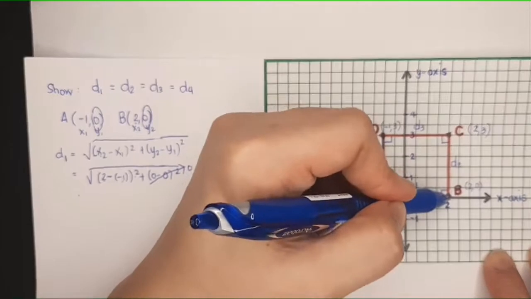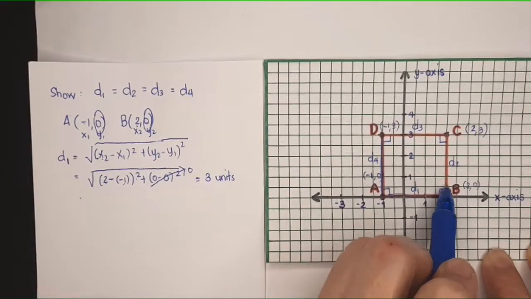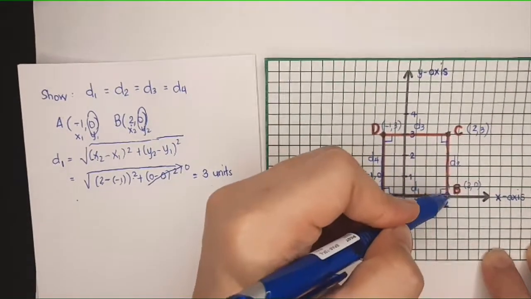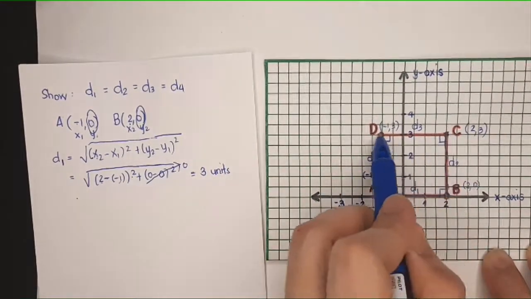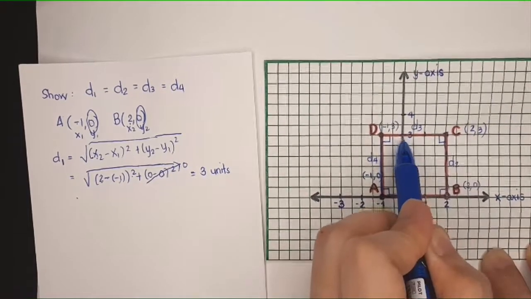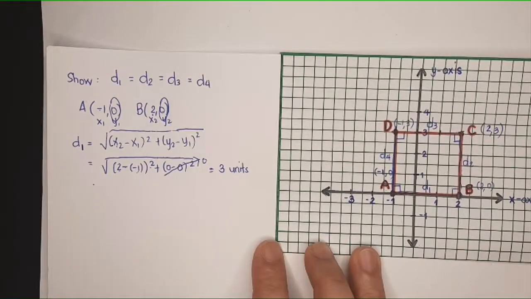Actually, you can count from B to C too. This is 1, 2, 3. See? The distance from B to C is 3 units. Here also, you can count. This is 1, 1, 2, 3 up to there. So 3 units also. Do you see?